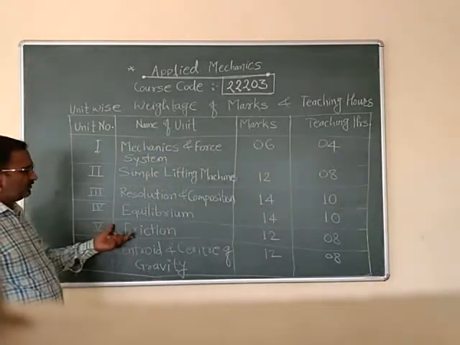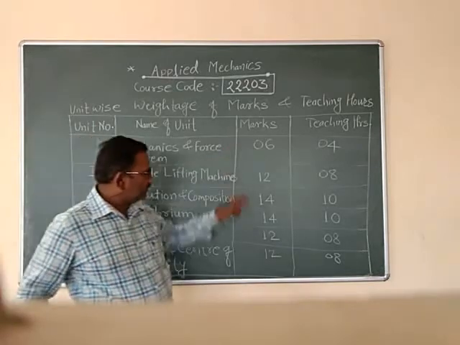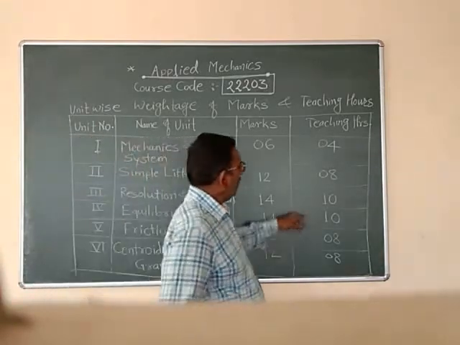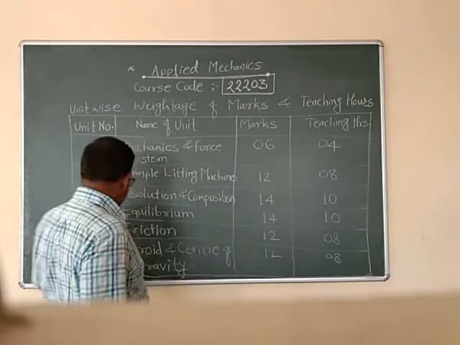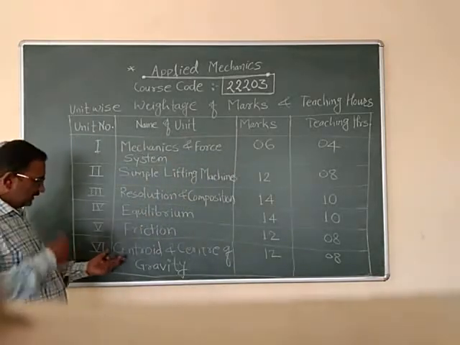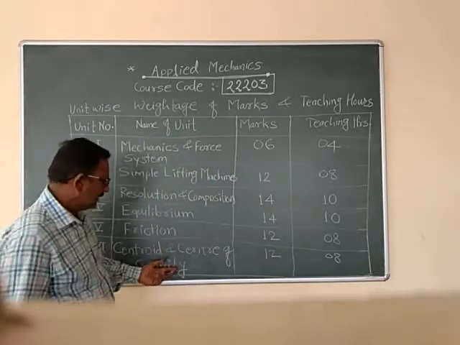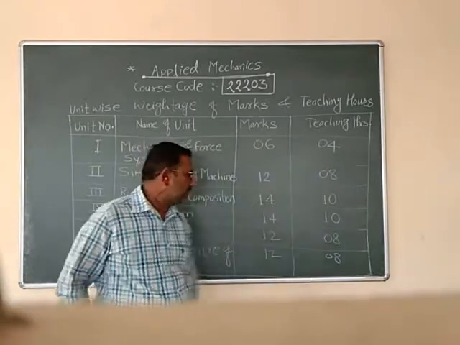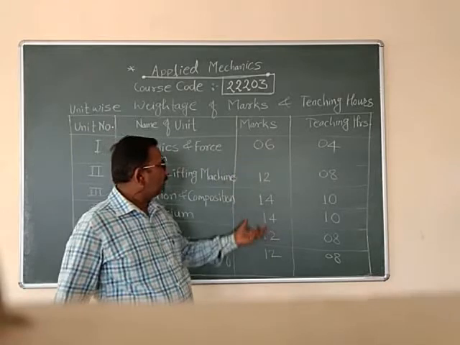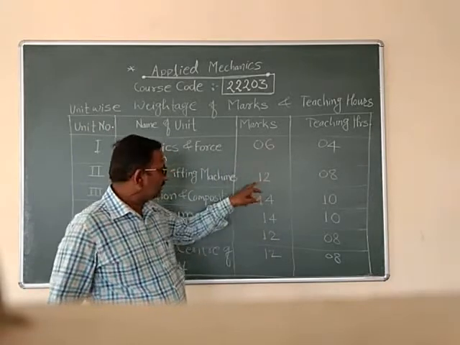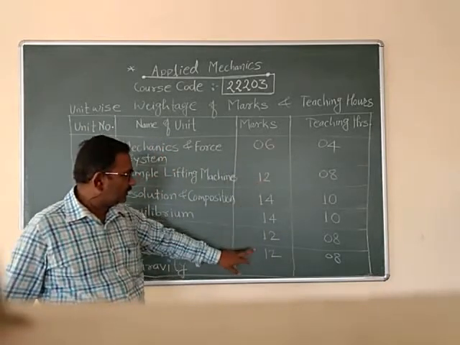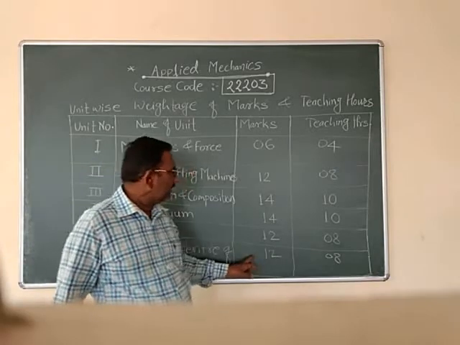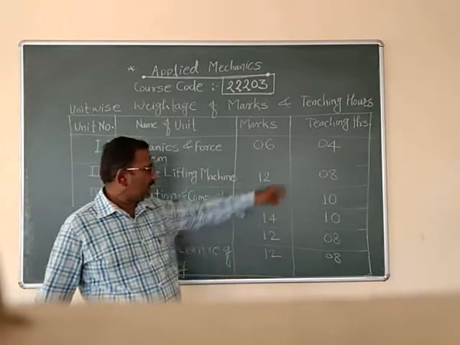The fifth one is friction. For that 12 marks and teaching hours 8. And the last chapter is centroid and center of gravity. For that 12 marks and teaching hours 8. In this way, the total addition of 6 plus 12 plus 14 plus 14 plus 12 plus 12 is nothing but 70 marks.